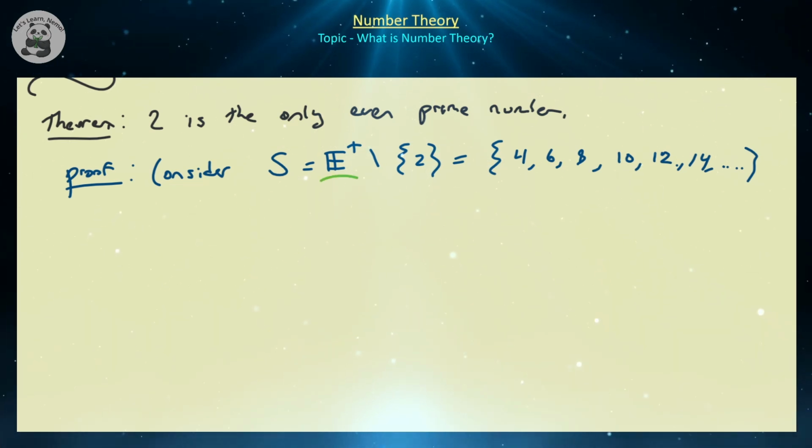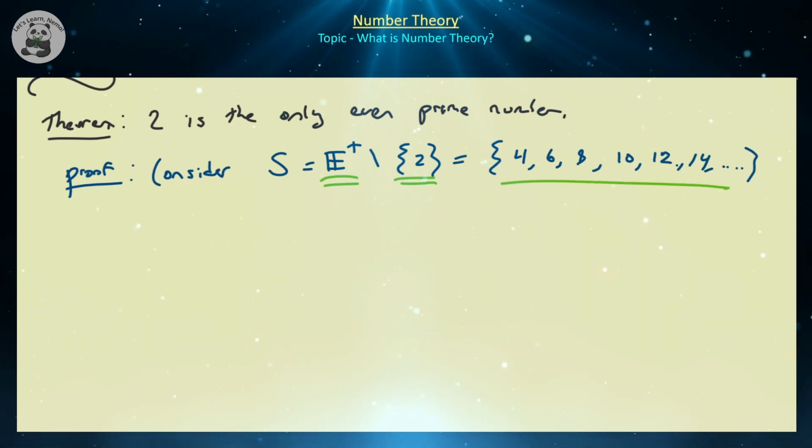We're not considering this whole entire set E because the negative even integers, including 0, are not going to be prime, so we don't need to consider them, right? And we've already classified 2 as a prime number, therefore we don't need to consider this. So this is the rest of the even positive integers. So is any of them going to be prime is the question that we're trying to formally answer, right?